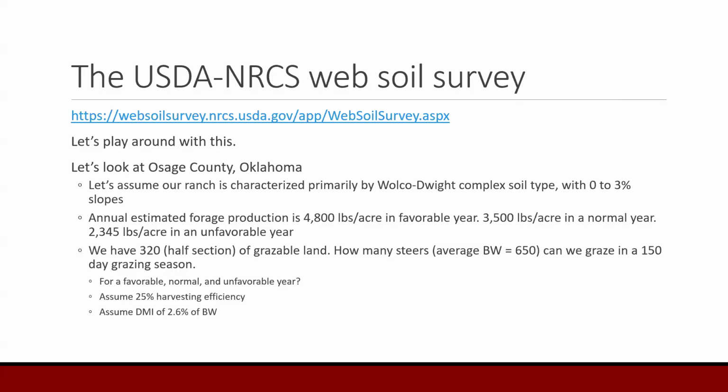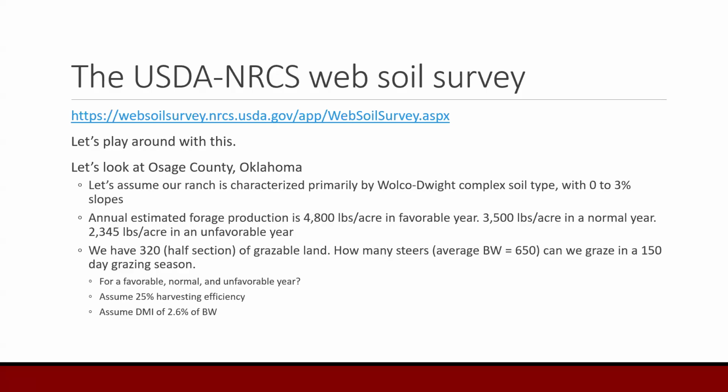All right. Like I said, we're going to play around with the web soil survey on the NRCS website for this homework. I tried to do better this year at walking you through on your actual assignment on Canvas with screen grabs and highlighting what boxes to click.